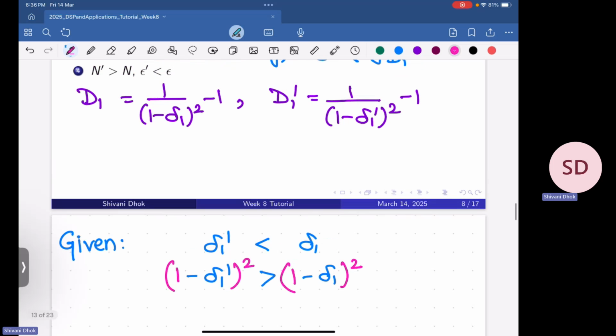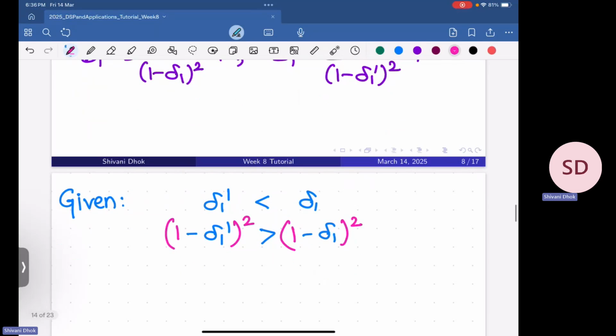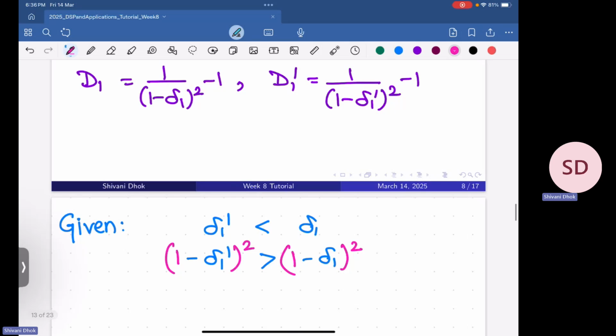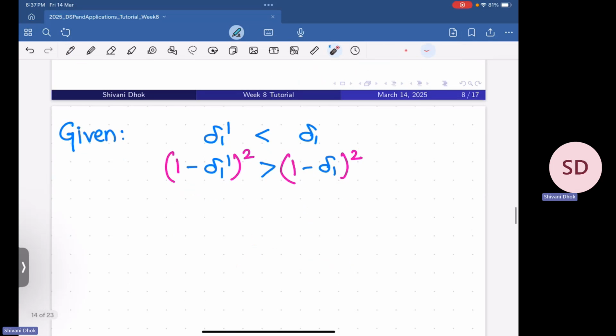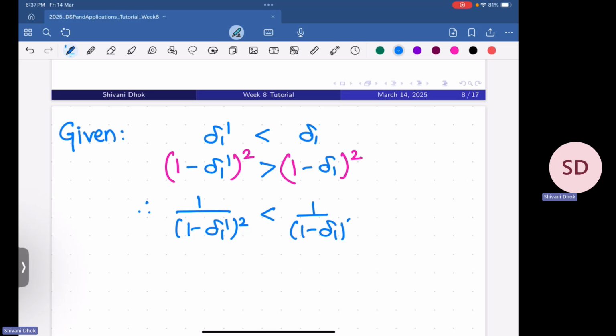Okay, now what I want is 1 over these quantities, so again I'll have to take the reciprocal. Therefore 1 upon (1 minus delta 1 prime) square will be less than 1 upon (1 minus delta 1) square.